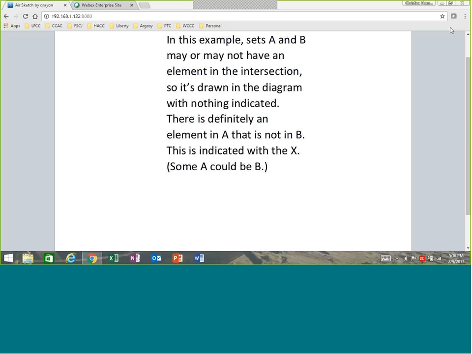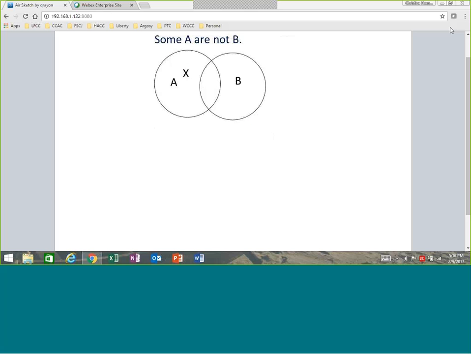There may or may not be an element in the intersection. We're not sure about that, but there's definitely an element in A that is not in B. So there could be something in the overlap between A and B, but we're not sure. We just know for sure that there is something in A that is not B. So "some A are not B" is drawn like that.